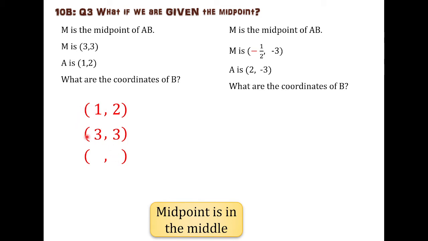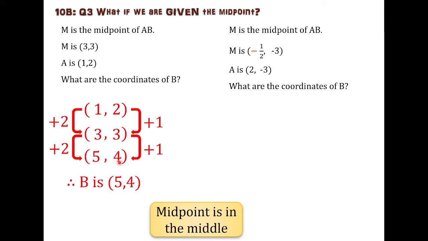What do I add or subtract? To get from 1 to 3, I have to add 2. So if I do that again, then I get 5. To get from 2 to 3, I have to add 1. And if I do that again, I'll get 3 plus 1, which is 4. So in other words, the coordinates of B are 5, 4.